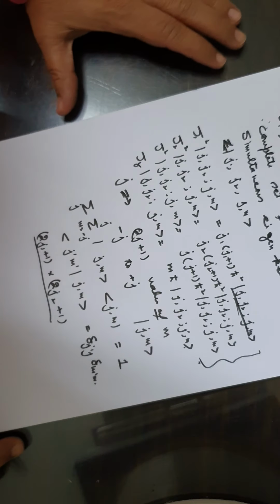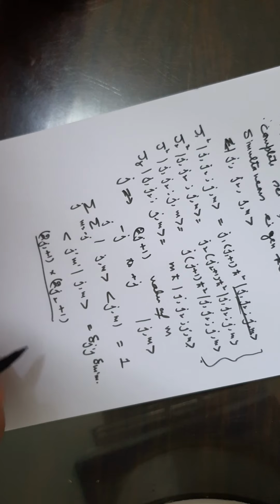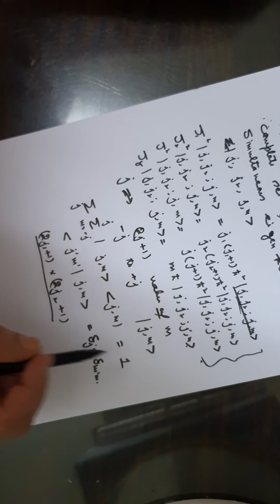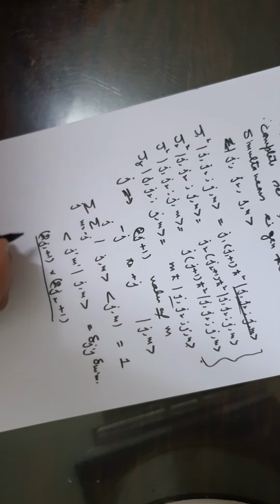Now, they can be connected by means of a transformation using the identity operators. We have got this simultaneous eigenket.